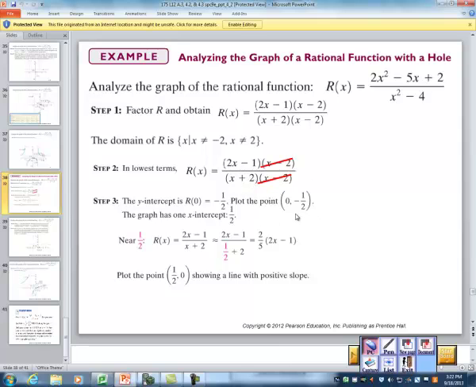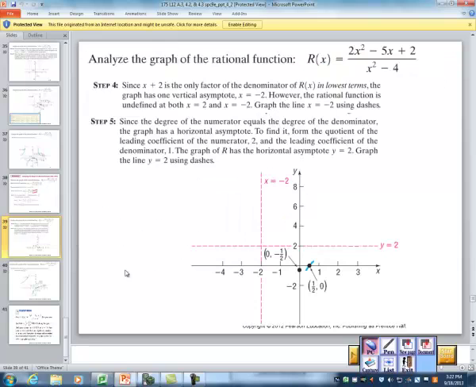So that'd be 0, negative 1/2. The x-intercept is 1/2, 0. And our vertical asymptote is just at x equals negative 2. And our horizontal asymptote is going to be at y equals positive 2. But because these two cancel out, we still can't have a positive 2 because that's still going to give us an undefined, but that's going to be a hole.